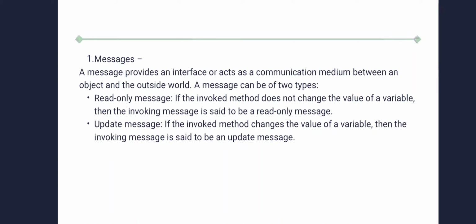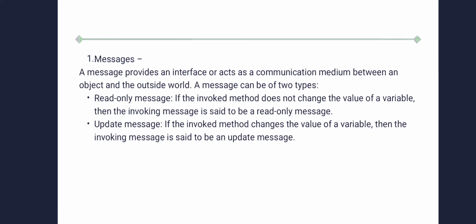The message provides an interface, acting as a communication medium between an object and a real world entity or a user. Means it is a communication channel between the object and the user, where you can communicate with the machine or a program where you are doing the program.